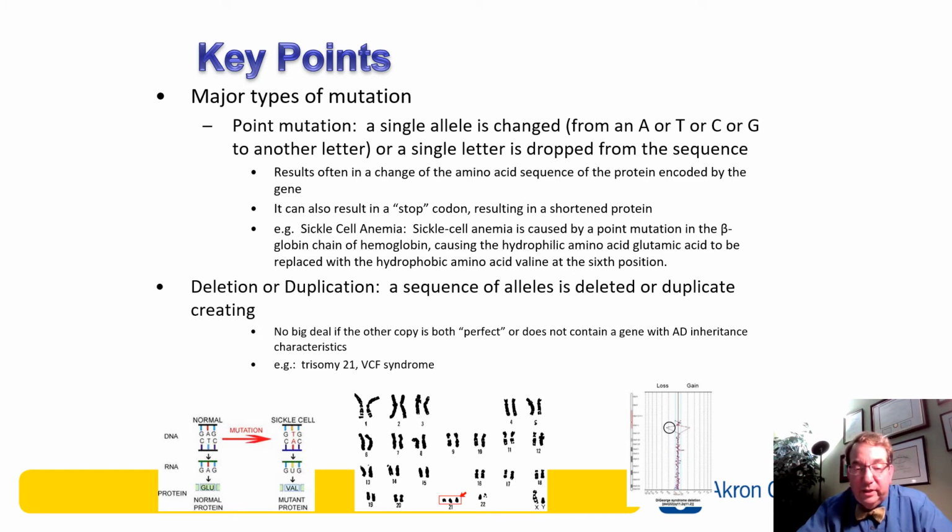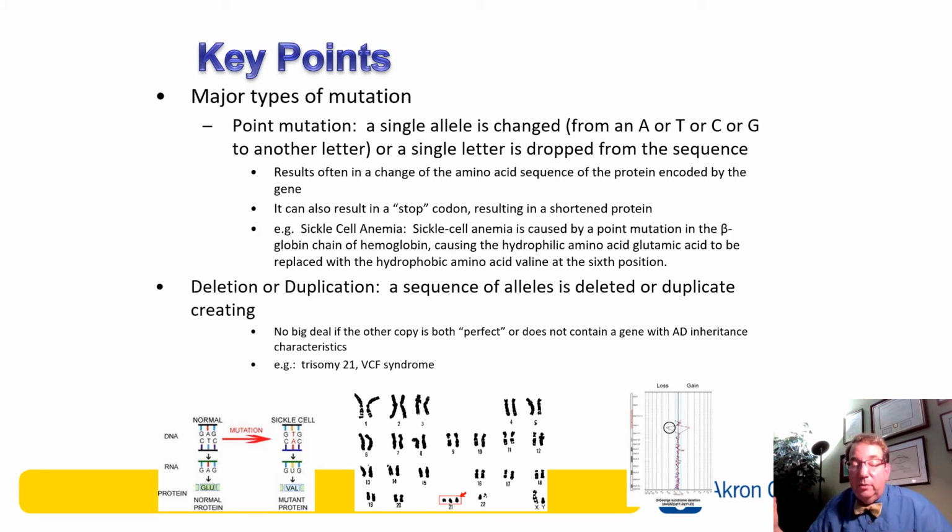But it is a big deal if it does. So in trisomy 21, we're talking about an entire gain of function of an entire extra chromosome. In velocardiofacial syndrome or DiGeorge syndrome, we're talking about a deletion that spans about 30 different genes.